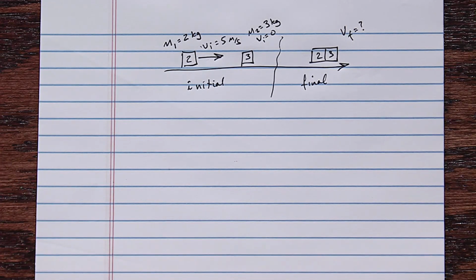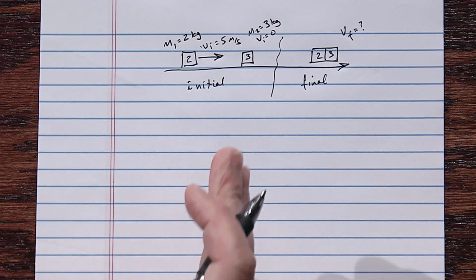Okay, so we have colliding objects. They're interacting, they're changing their speed, which means that when they collide, they're exerting forces on one another. But since we're considering momentum, we don't have to worry about those forces, and we don't have to worry about the time.